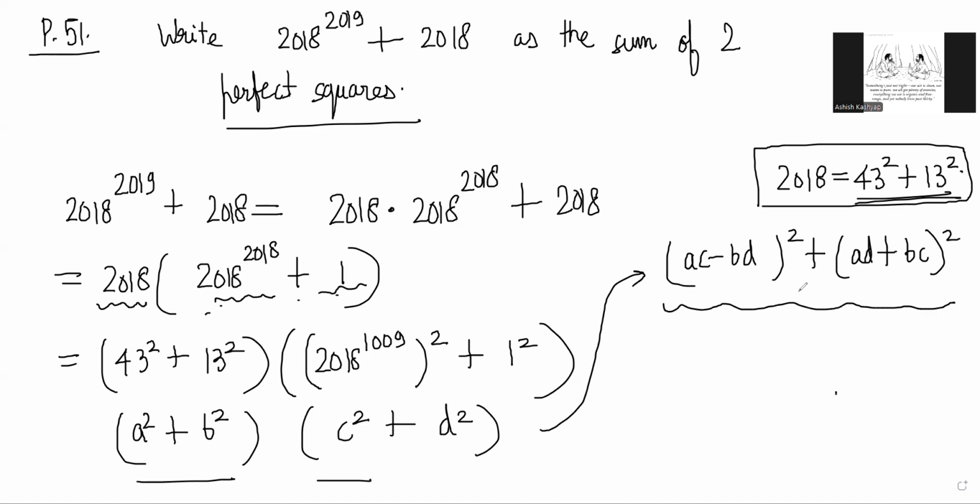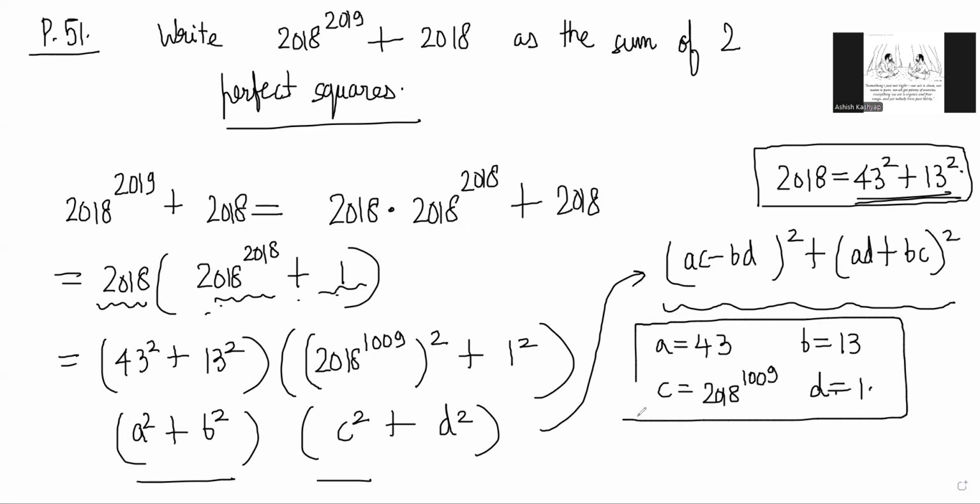It's very obvious. What is my ABCD? A is 43, B is 13, C is 2018 to the power 1009, and D is 1. Do you think now using Lagrange's identity, it will come as sum of two squares? Is everyone understanding what I'm saying, right?